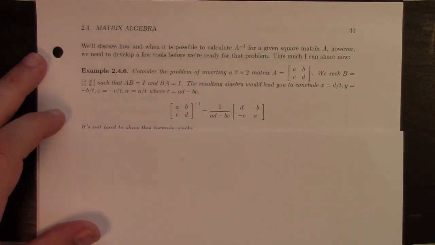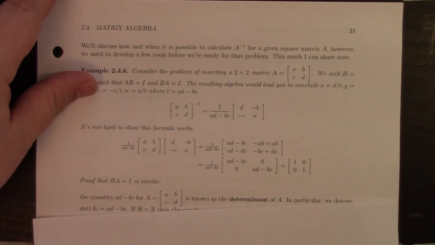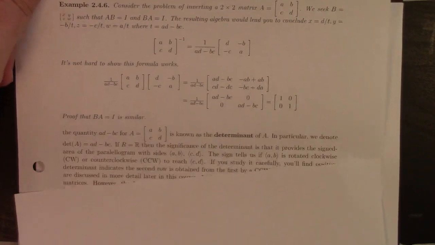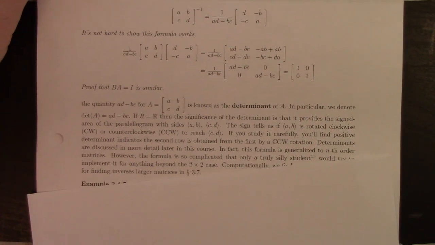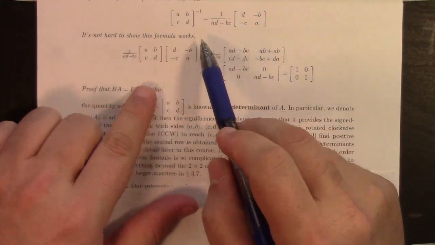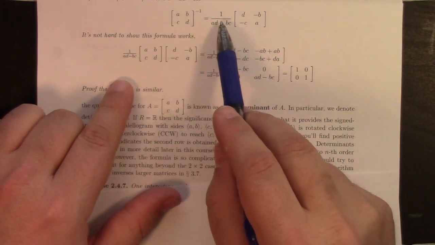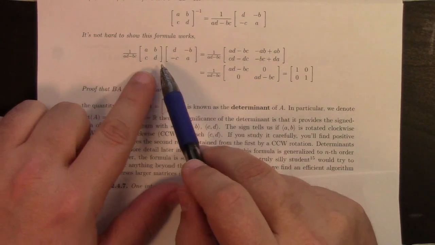Now, if you don't believe me about the algebra, we can check and see that the formula really works. So multiply the alleged inverse matrix by the matrix. All I did is pull the 1 over AD minus BC term, which, by the way, is the determinant of the matrix, out to the left of the multiplication.